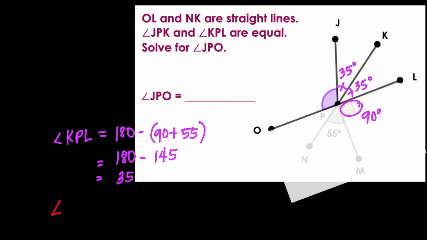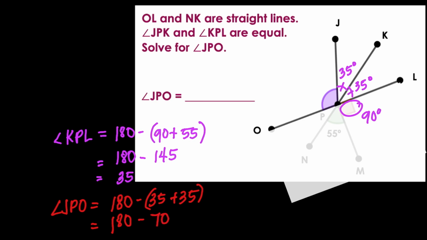Angle JPO will be equal to 180 minus 35 plus 35, or 35 times 2. So that's 180 minus 70, giving me 110. So this one is 110 degrees. So that's it.